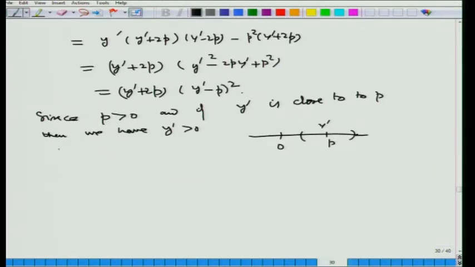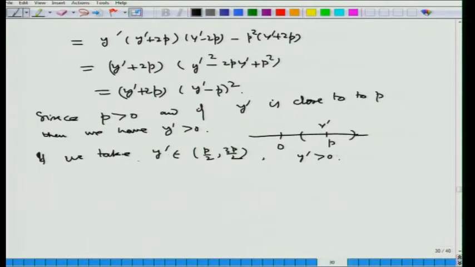So if we take y prime lying in the interval p by 2 to 3p by 2, then y prime will be positive.